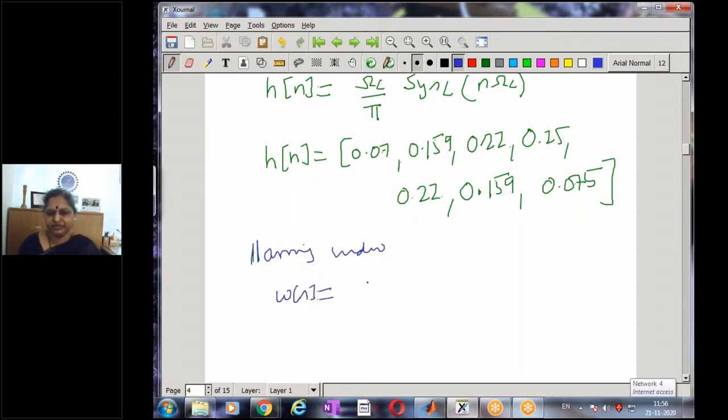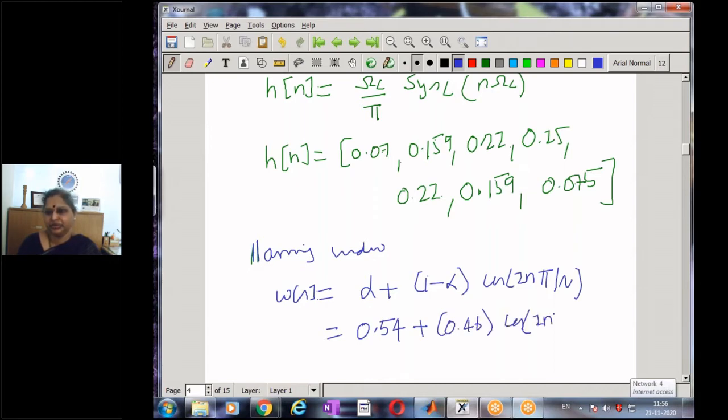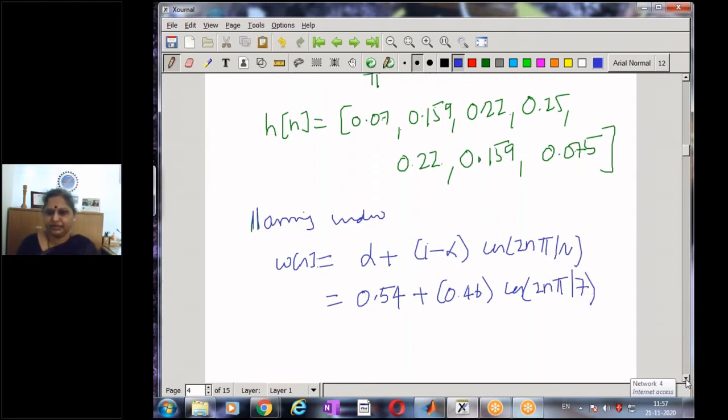It is given by the expression alpha plus (1 minus alpha) cos 2 n pi by N, where alpha equals 0.54 for a Hamming window function. So 0.54 plus 0.46 cos 2 n pi by 7. In our case, we have taken N as 7 in the example that we are doing.